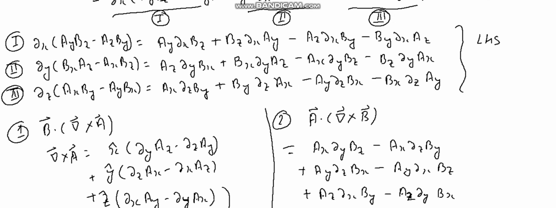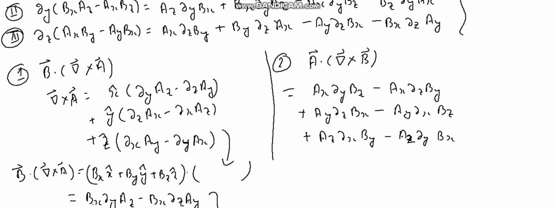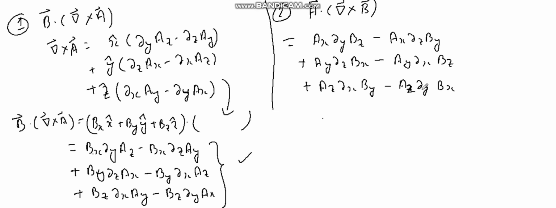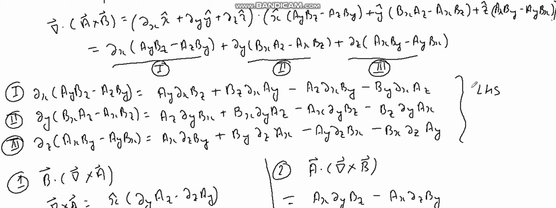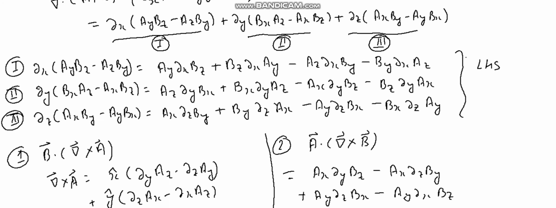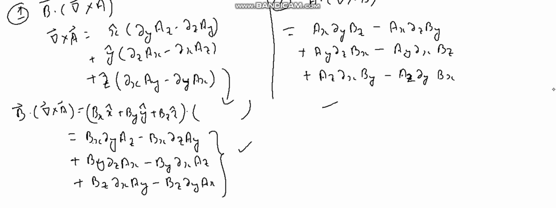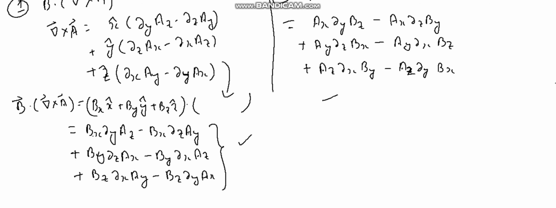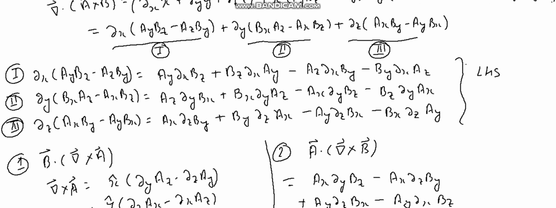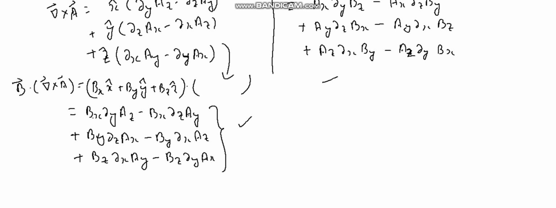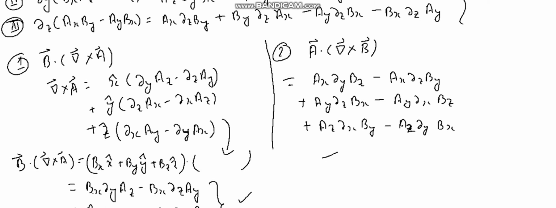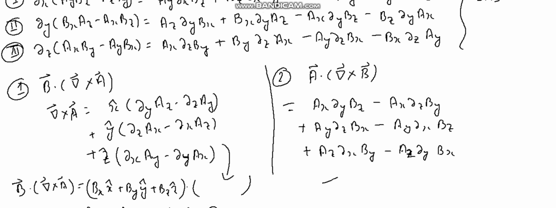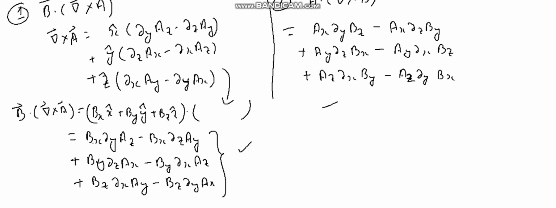Now we have to compare this and this with the LHS term, right? So first of all, both of them are scalar quantities, so we have to directly compare them. We don't have to look for the x cap, y cap, and z cap direction, right?